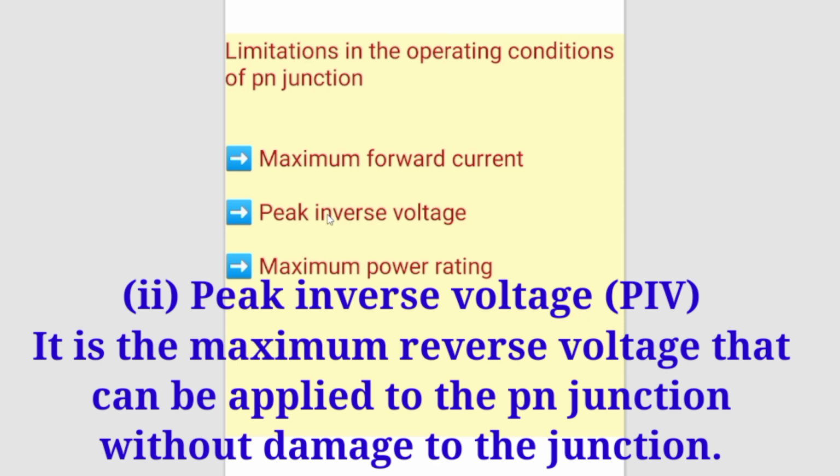A PN junction, that is a crystal diode, is used as a rectifier to change alternating current into direct current. We will discuss this in the next video. In such applications, care should be taken that the reverse voltage across the diode during the negative half cycle of AC does not exceed the peak inverse voltage of the diode.